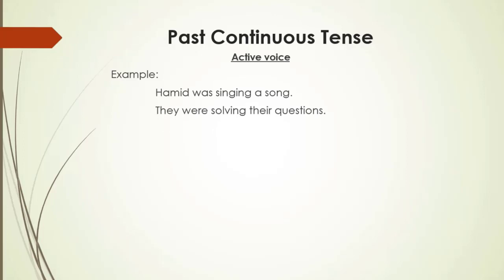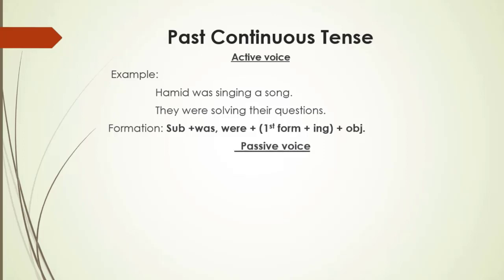In this sentence, as you can see, there is a slight change, only the change of helping verb. We have used was with singular subject and were with plural subject. Its formation is subject plus was/were plus first form plus ing plus object.